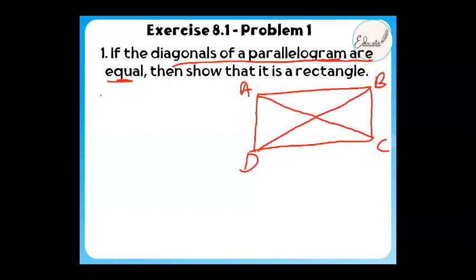How will you show this? Consider this as a parallelogram, and let's name it A, B, C, D. They have told you that the diagonals are equal. How do you show that it is a rectangle? Can you tell me one feature of a rectangle which we had discussed yesterday?